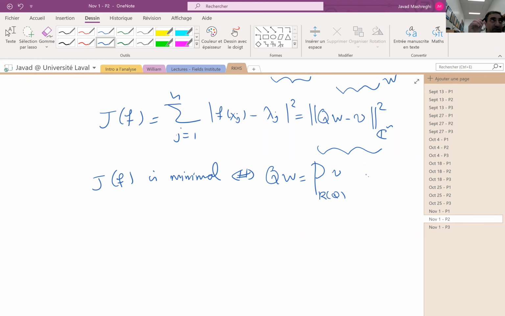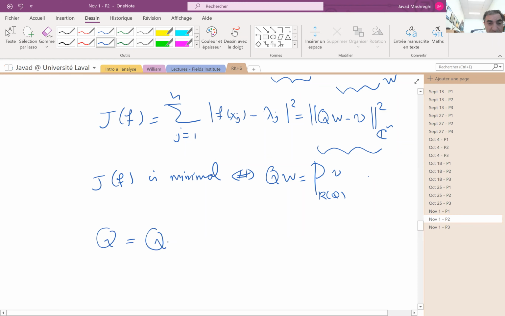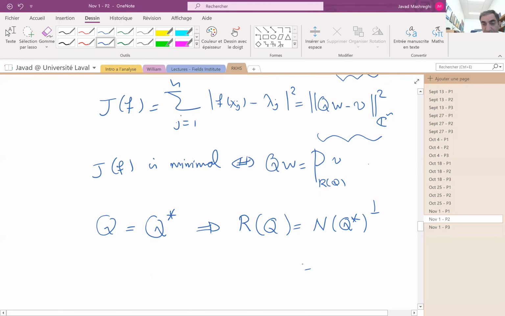Then the range of Q is N of Q star perp in the general case, but here it is equal to N of Q perp, because Q is equal to Q star.